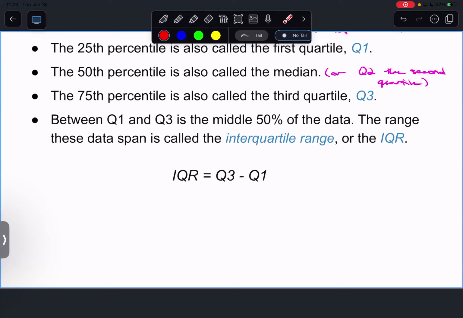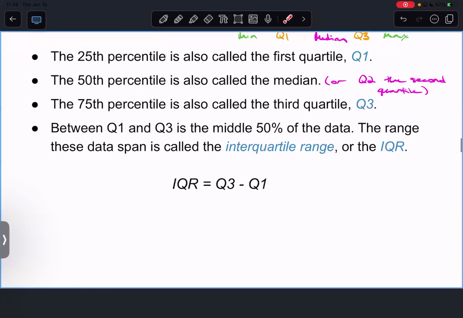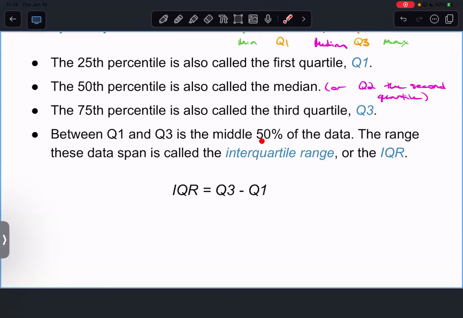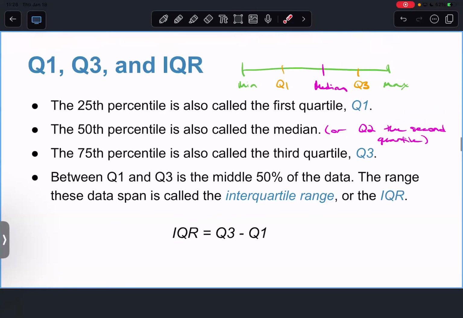The interquartile range is the distance between Q3 and Q1. And so it's the distance of the middle 50% of the data, and that's just by definition. The distance between Q3 and Q1 is this part here.